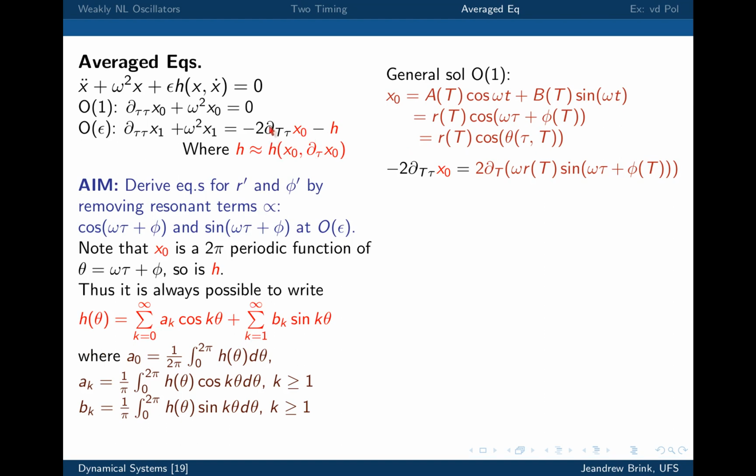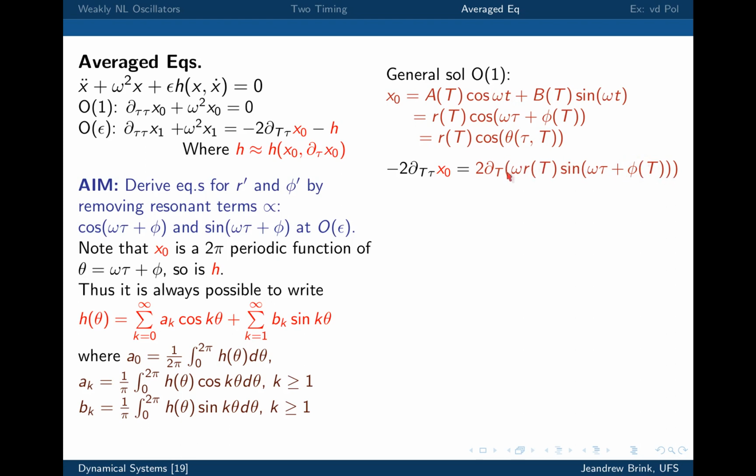Okay, we know that x0 we've written in the following way. And so if we take the slow time derivative of the fast time derivative of x0, the fast time derivative of x0 is simply d/d tau. So that is omega coming out times r of t times sine of omega tau plus phi of t. Okay, so that's the fast time derivative that's already been taken in the bracket.